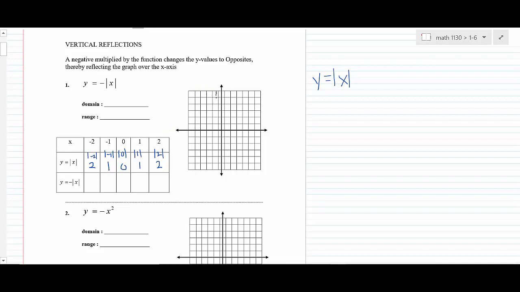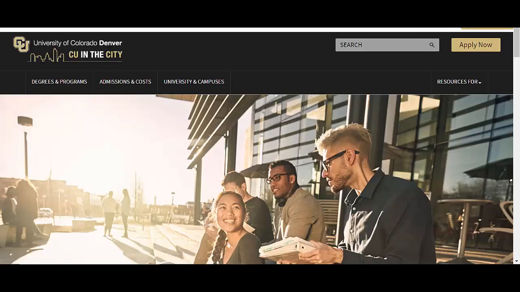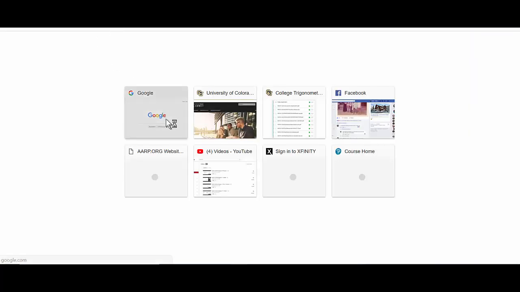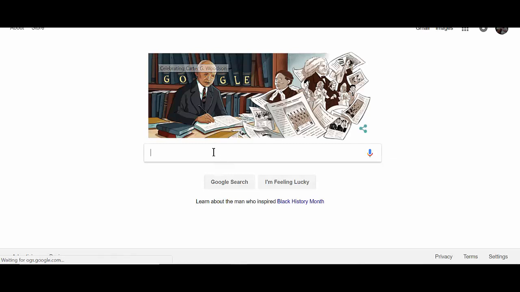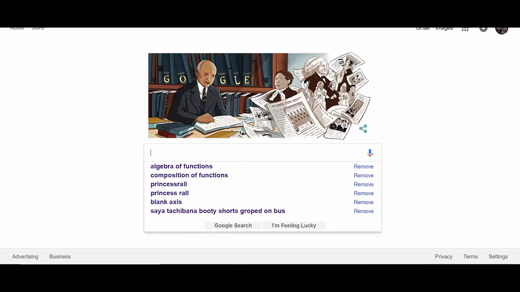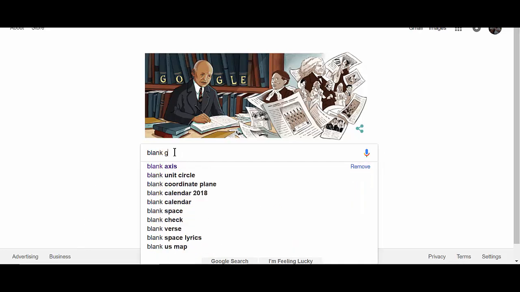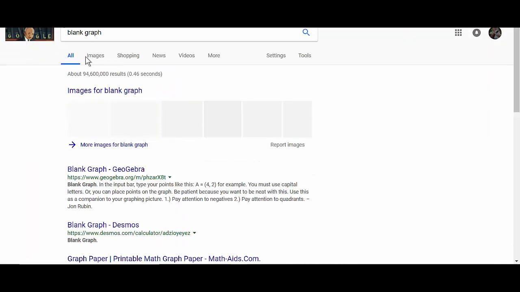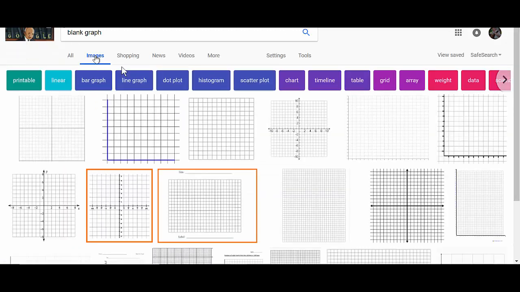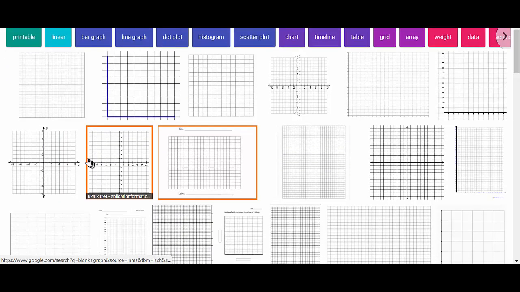I think my y-axis got a little bit messed up on this, so I need to be careful about that. Actually, let me do this real quick because I think this might mess something up if I use that graph. I do this all the time when I'm making up stuff. I just go look on the internet and I find a graph.